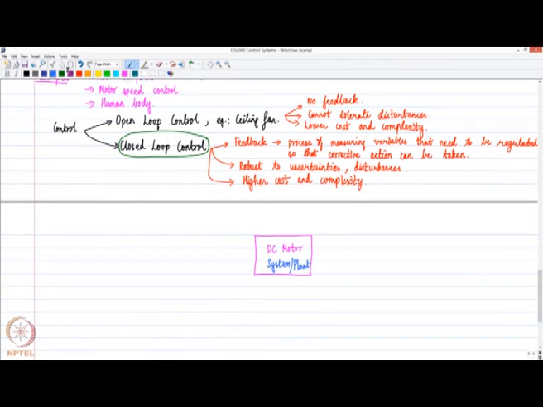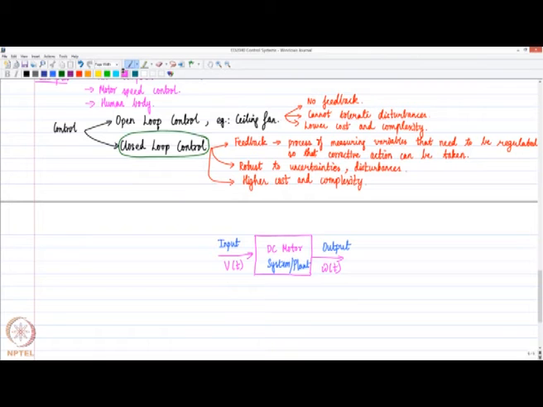Okay. And to this DC motor, let us say I provide a voltage V of t as my input and omega t is my output. So, this is my input and this is my output.